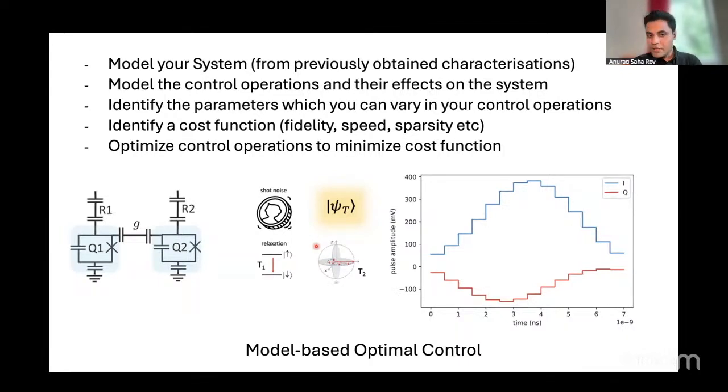The same thing here. You want to design a gate for your quantum computer, and your cost function is the fidelity. You want a very high fidelity, that's the cost function, or a very low infidelity, and you want a very good gate. So you tweak a lot of parameters and you keep changing the parameters until you get good gates. And you do all this on your model that you created from characterizing the system.